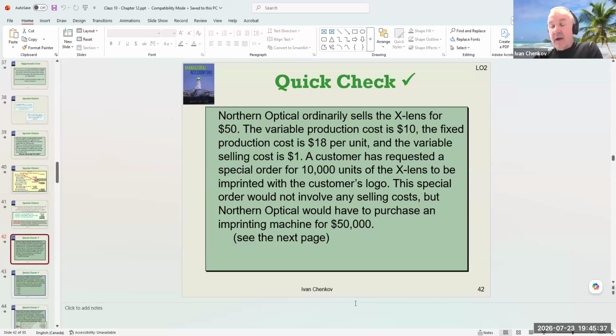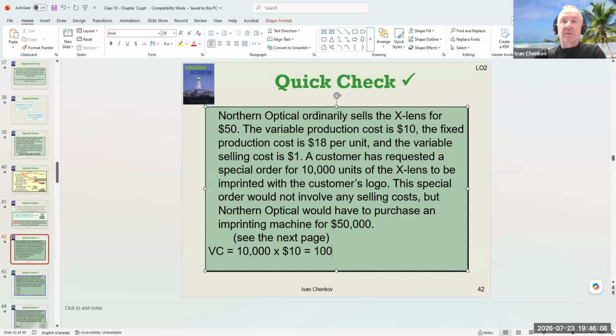So my total variable cost, if I produce those units, is going to be 10,000 units times $10 per unit, which is $100,000.